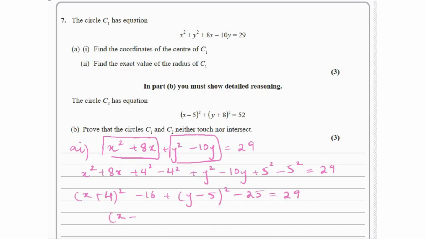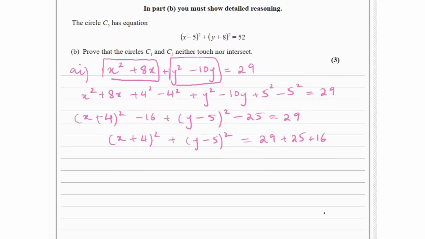So x plus 4 whole squared plus y minus 5 whole squared equals 29 plus 25 plus 16. That gives us x plus 4 whole squared plus y minus 5 whole squared equals 70. So the coordinates of the center are -4 and 5, and the radius is root 70.